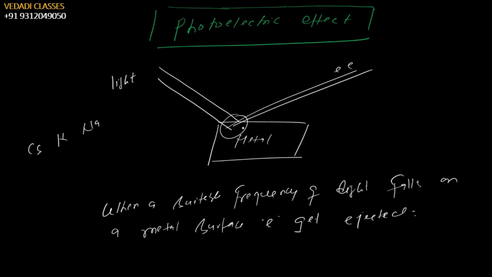But before that, I would like to explain threshold frequency and threshold energy. But before that, I would like to explain one more theory, known as Planck's quantum theory. Then we'll come back to the photoelectric effect again.